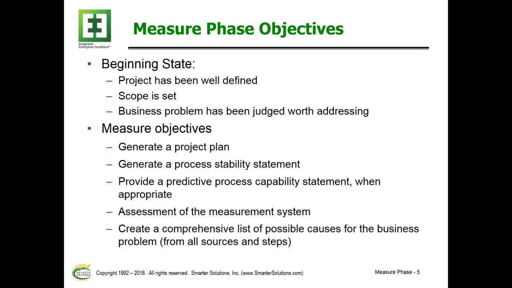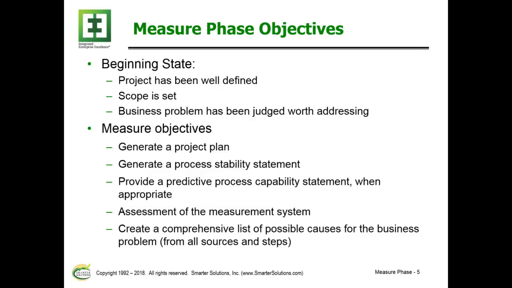So what we want to do now is generate a project execution plan. We also want to make a statement of how our process is performing and put it in a format where we're measuring the overall output of the process associated with this particular project from a process point of view. We want to make a predictive statement and capability statements when it's appropriate.